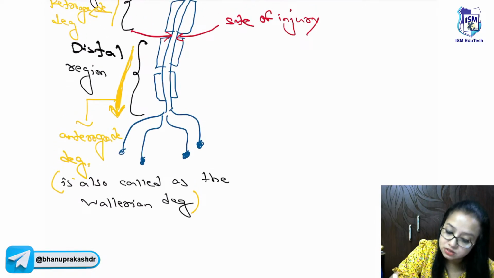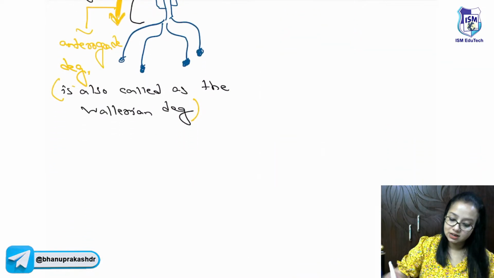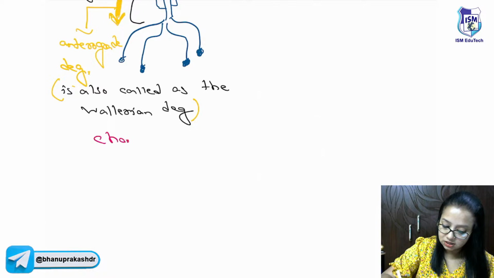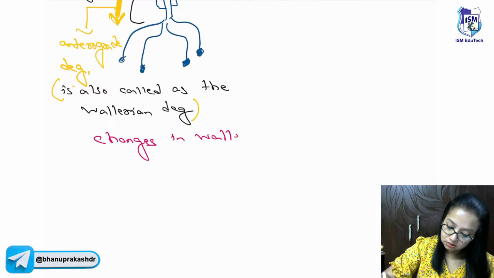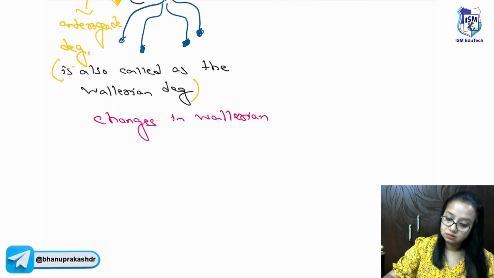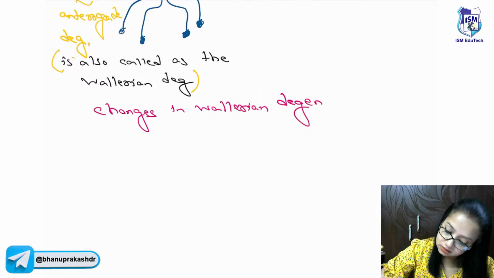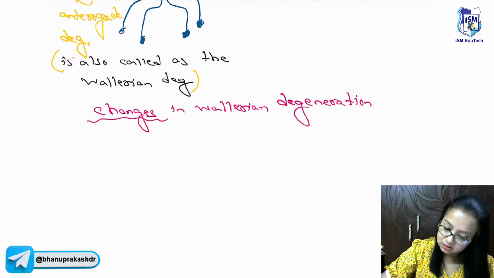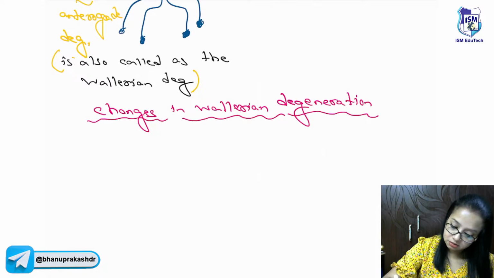So when the Wallerian degeneration sets in, what are the changes that happen? Changes in Wallerian degeneration. What are the changes happening in the Wallerian degeneration?